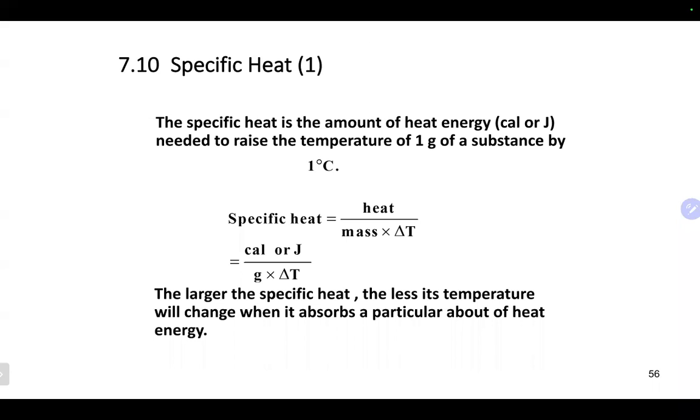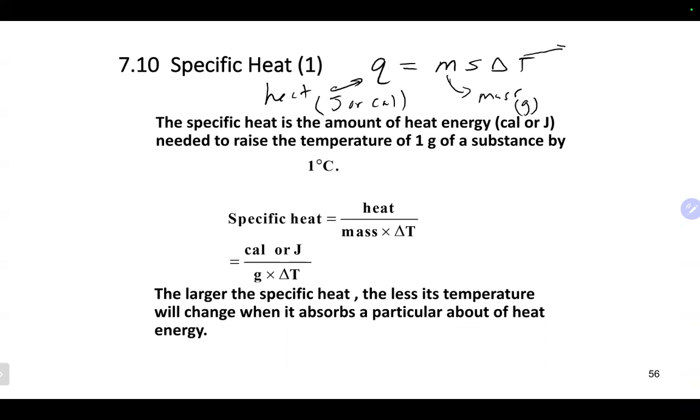For specific heat, there is an equation that goes with it, which is Q equals m s delta T. Q is the heat, and that's usually in one of two units, either joules or calories. m is mass, which is in grams.